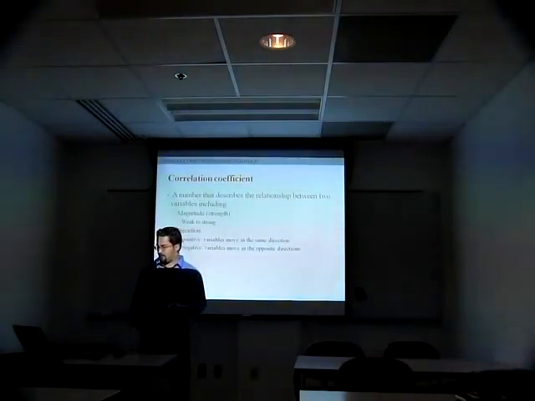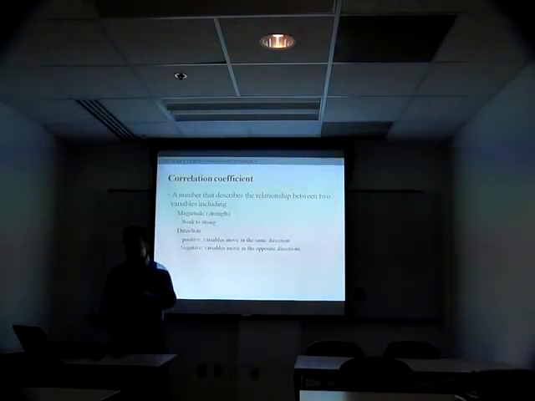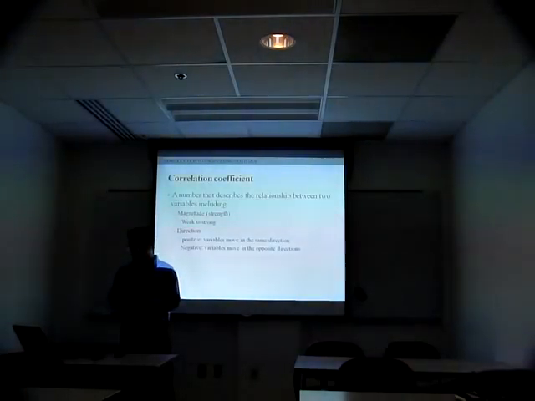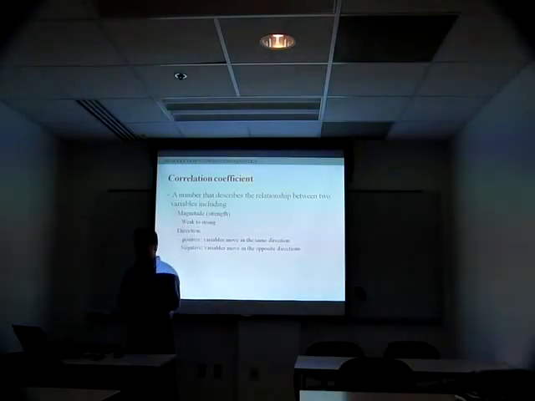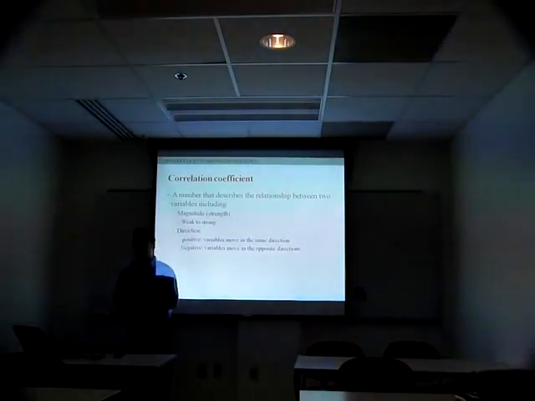Generally, correlation coefficient is a number to describe the relationship between two variables. And it's quantified using two aspects, two factors: the magnitude of this relationship and the direction of that.